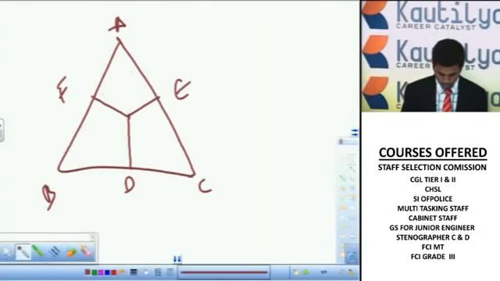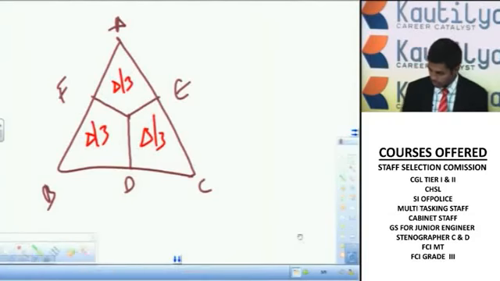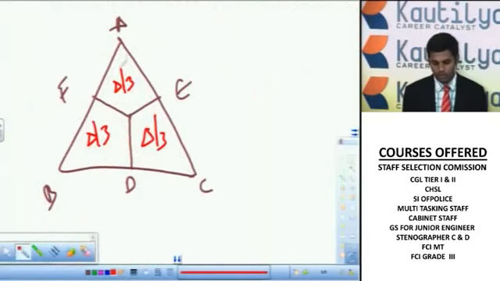So this also will be delta by 3, delta by 3, delta by 3. That is, the area of these portions will be nothing but 1/3 of the area of triangle ABC, right?